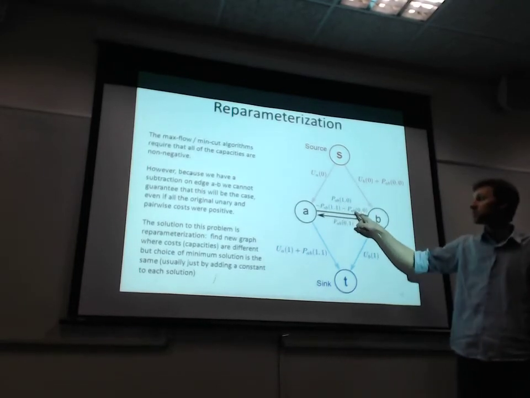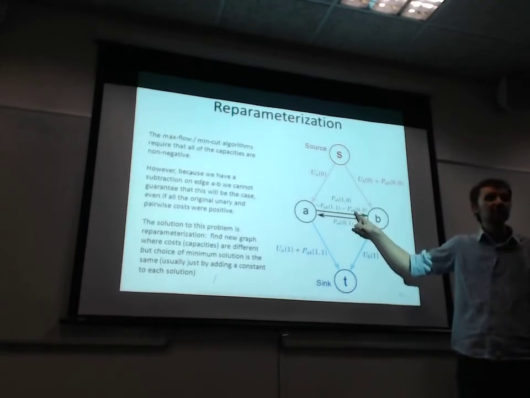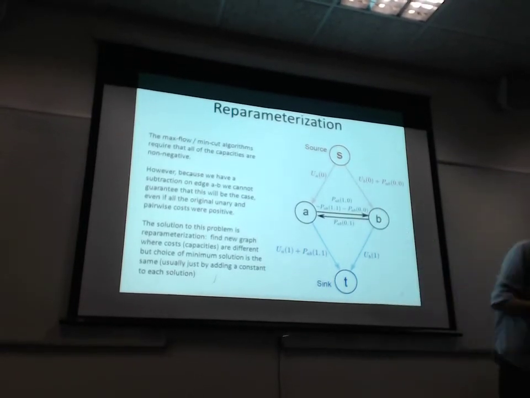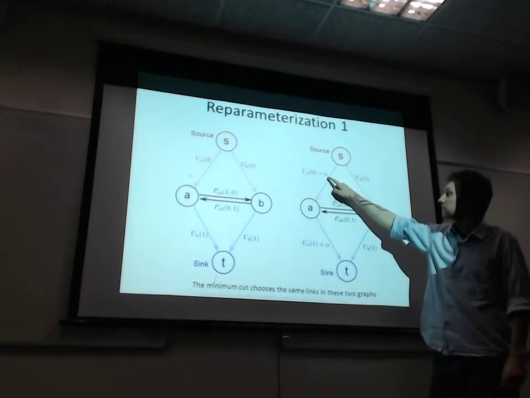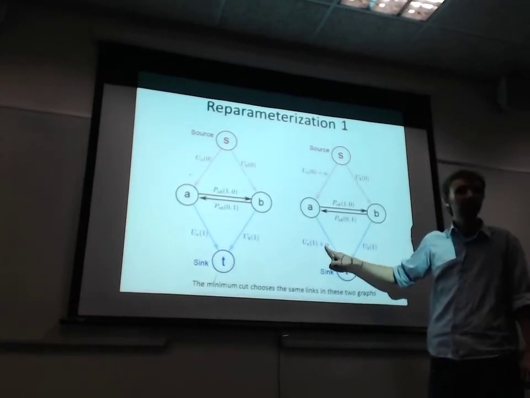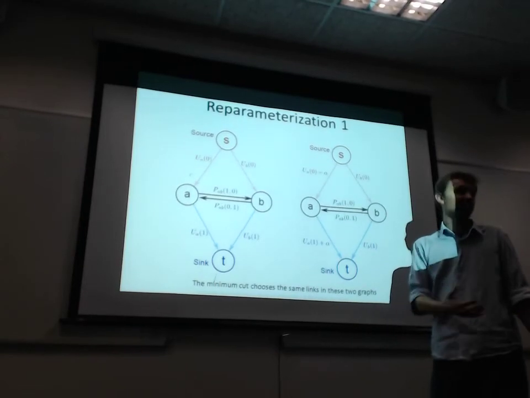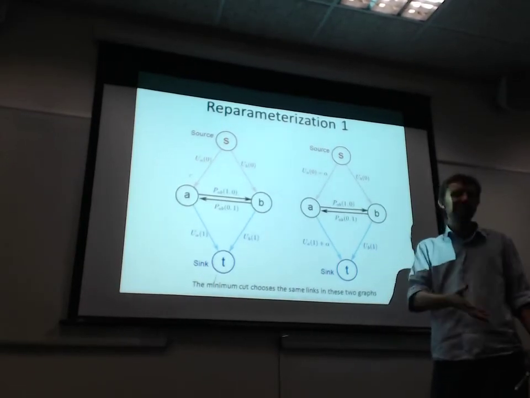If you figured out that this could potentially be a negative 7 cost, then you can add 7 in the form of alpha here and here. So all cuts are now more expensive by the same number, by constant number 7.